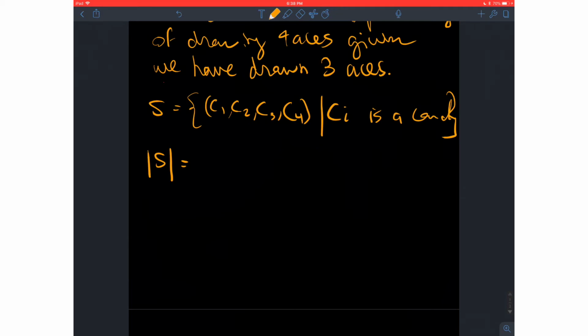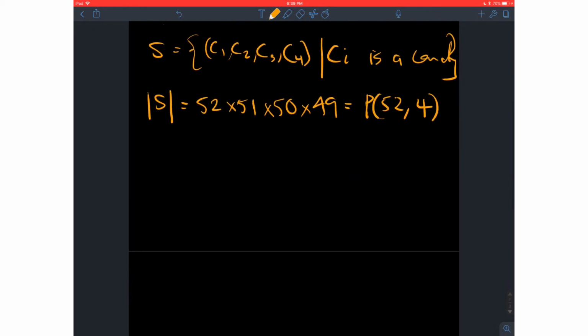You haven't put any condition on the kinds of cards you need to draw, so you have 52 times 51 times 50 times 49, which you could write as P(52,4), which is the number of permutations when taking a group of 4 elements from a larger group of 52 without replacement. Now, this was done in another video, and you can go to that video if you need more explanation on that.